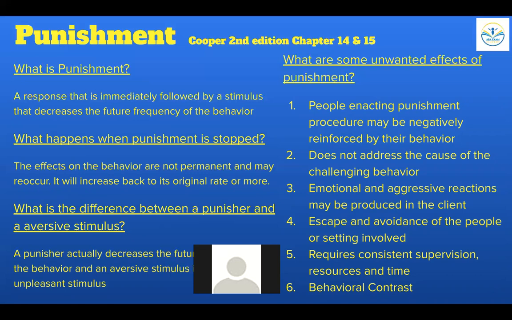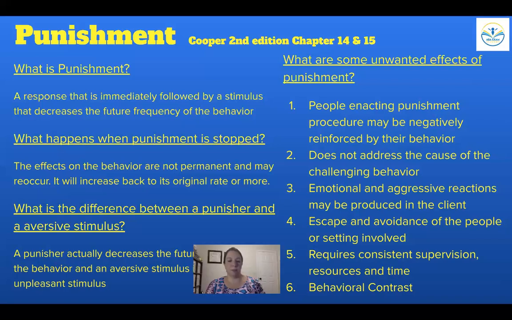So for instance, if you're implementing a program at the mom's house and they're divorced and you're using a punisher in that setting, then we might see the behavior increase in the dad's house where it's not being implemented. Is that clear? Yes, that was good.